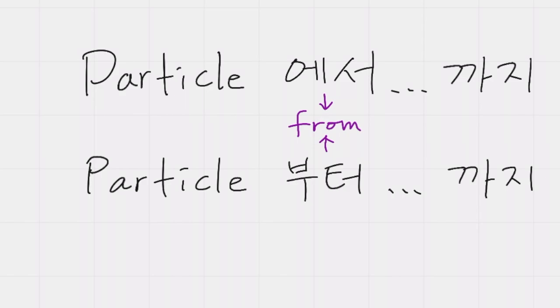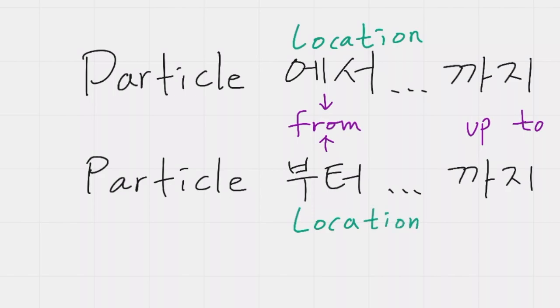And then 까지 means up to. 에서까지 we use it for location. Like from home to school. Okay? 부터까지 you can also use it for location. So 에서까지, 부터까지, from home to school.